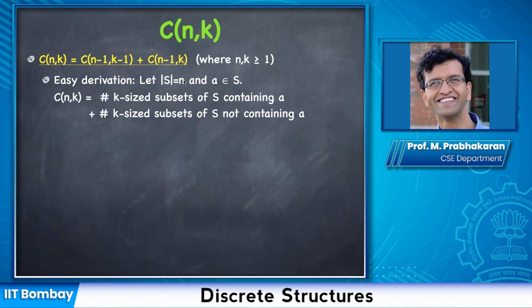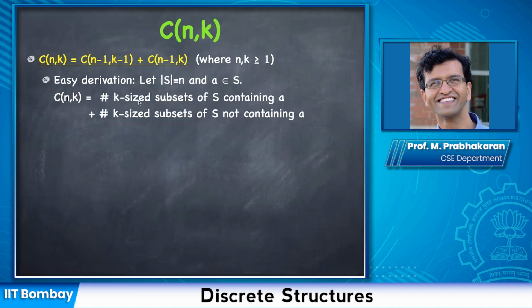So to see that, take an element in the set, the set of size n, and let's designate it as a special element a, and all the subsets can be classified into two kinds: subsets which include the special element and those that do not include the special element. And how many subsets of size k include the element a?